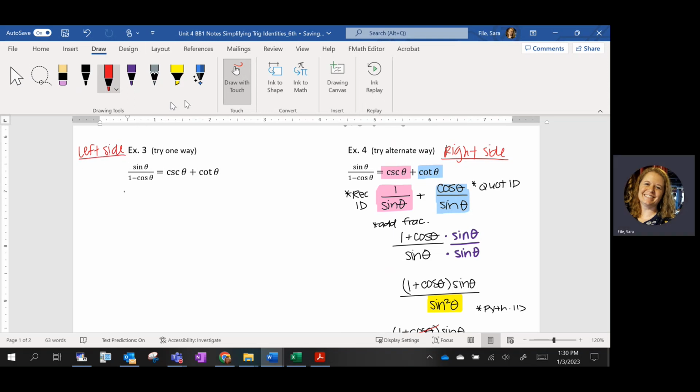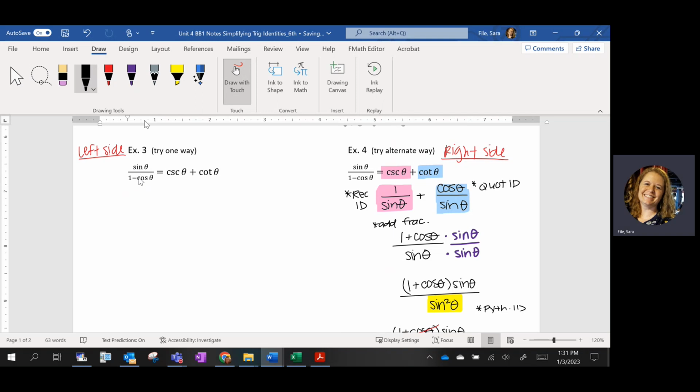Okay, so if I'm trying to work this left side to get it to match the right, I know eventually I'm going to have to get rid of this out of a fraction because the right side's not a fraction.